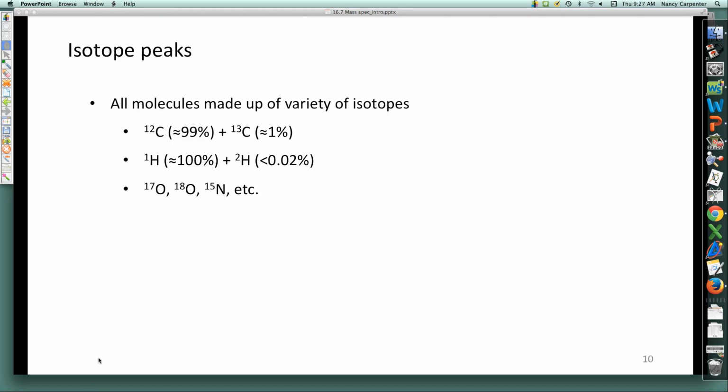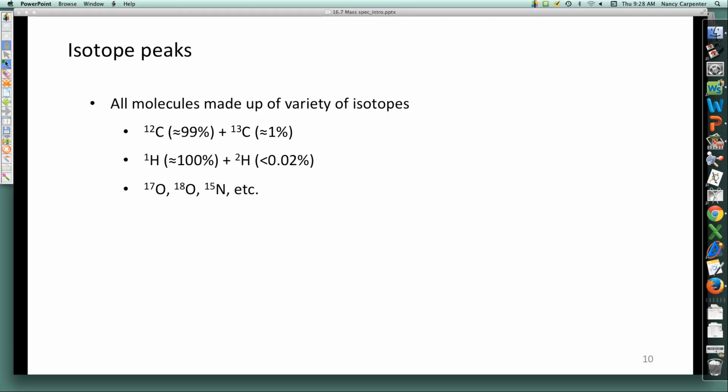There's a teeny tiny amount of deuterium in each sample. A negligible amount, but it's there. If there's oxygen in my sample, the most abundant isotope for oxygen is oxygen 16. But there's oxygen 17, oxygen 18, nitrogen 15, etc., etc.